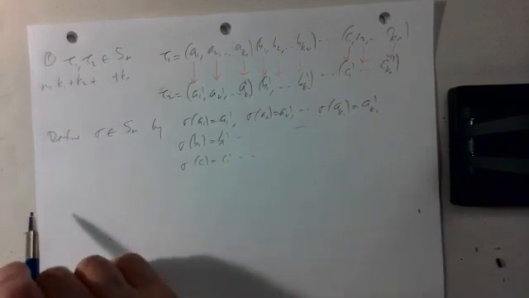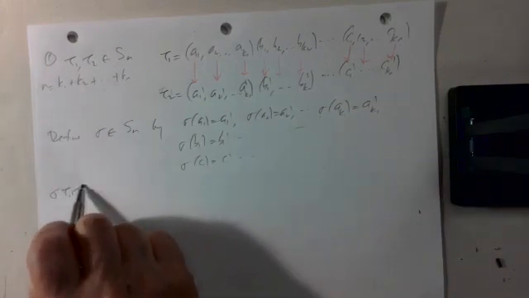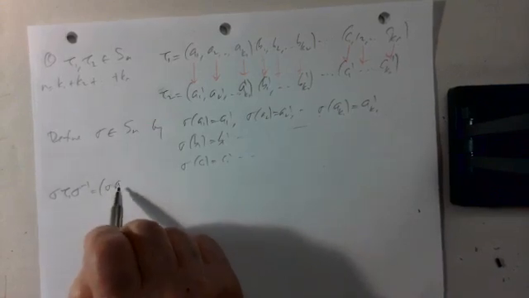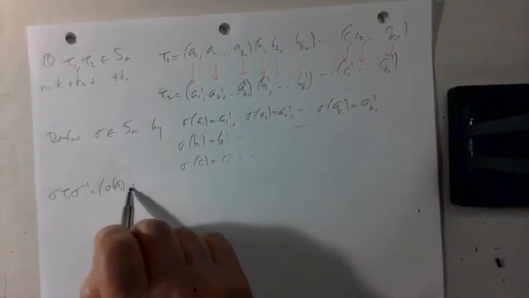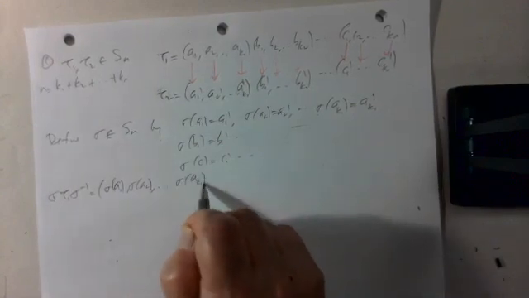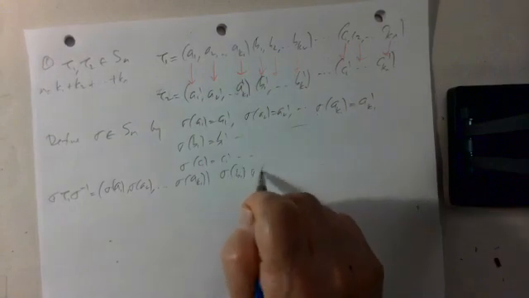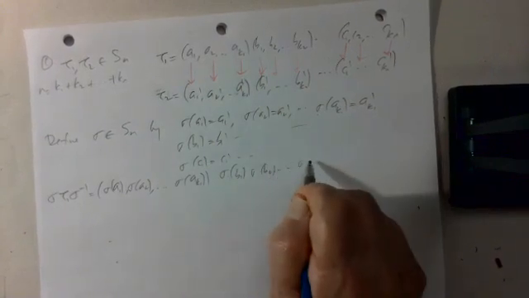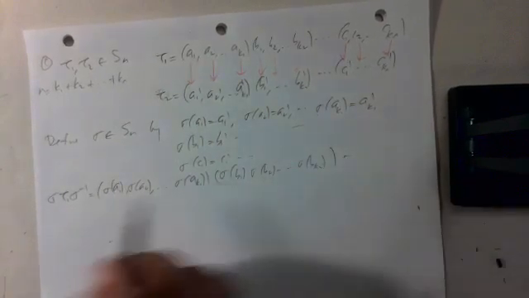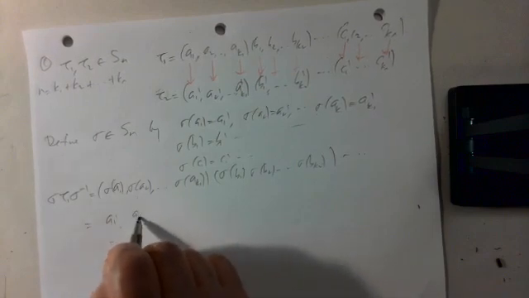And by what we just proved in part B, sigma tau 1 sigma inverse is going to be (sigma of A1, sigma of A2, up to sigma of A sub K1), that cycle, (sigma of B1, sigma of B2, up to sigma of B sub K2), that cycle, and so forth. But sigma of A1, that's A1 prime. This is A2 prime.